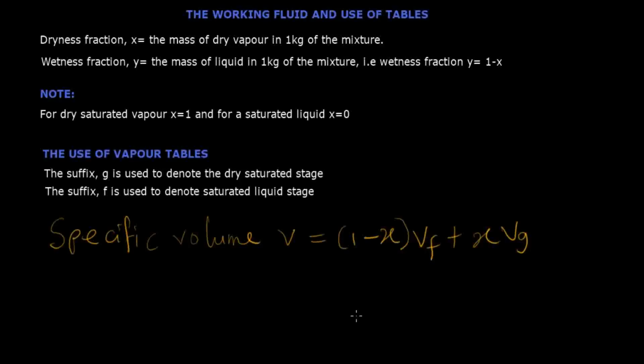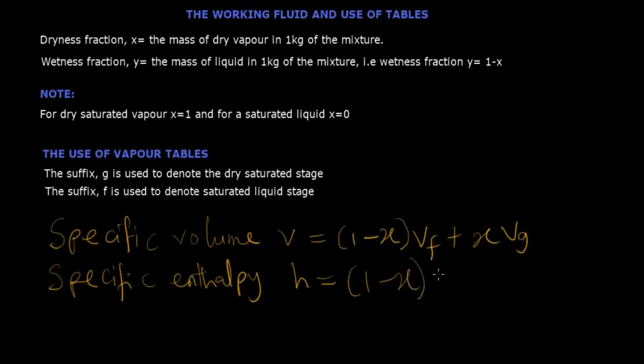Specific enthalpy, small letter h, will be equal to the same thing: (1 minus x) hf plus x hg.